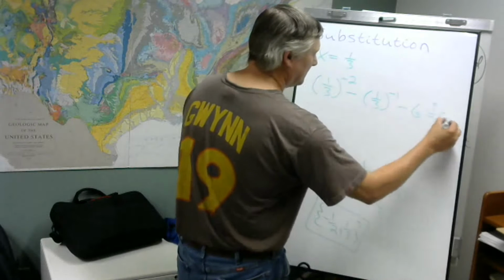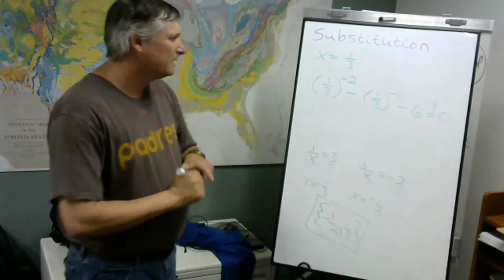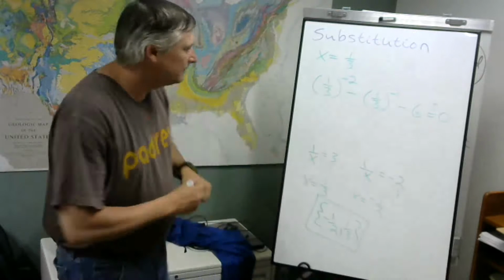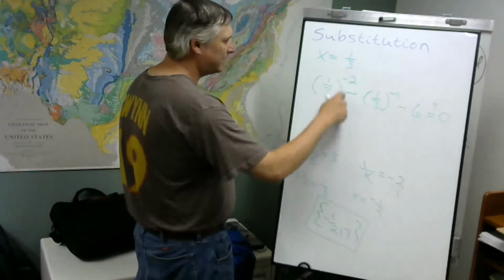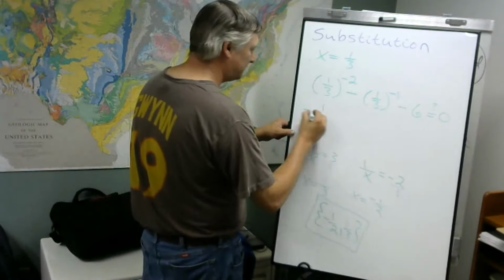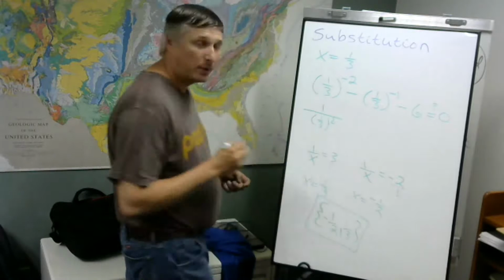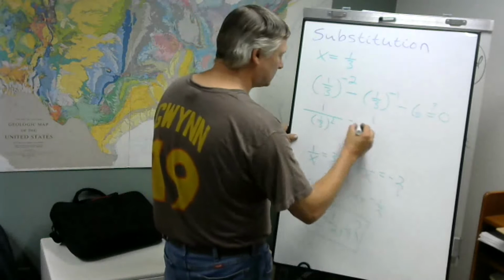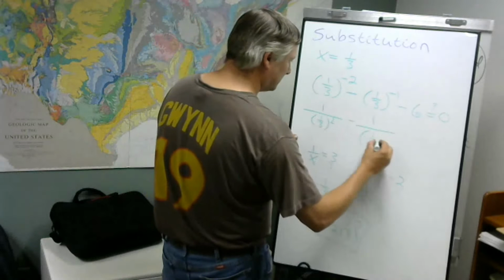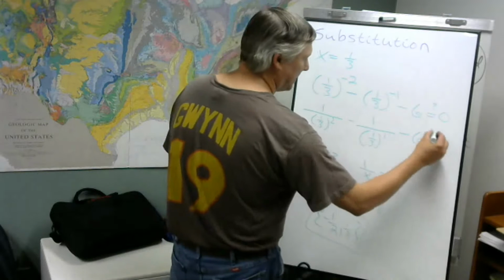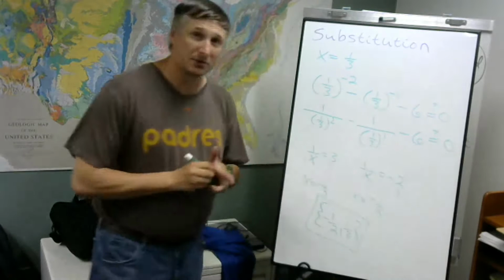Does this equal 0? Now again, what negative exponents mean is we're going to flip. So this entire piece will be flipped to get (1/3) squared, minus 1 over (1/3) to the positive 1, minus 6. Does that equal 0?